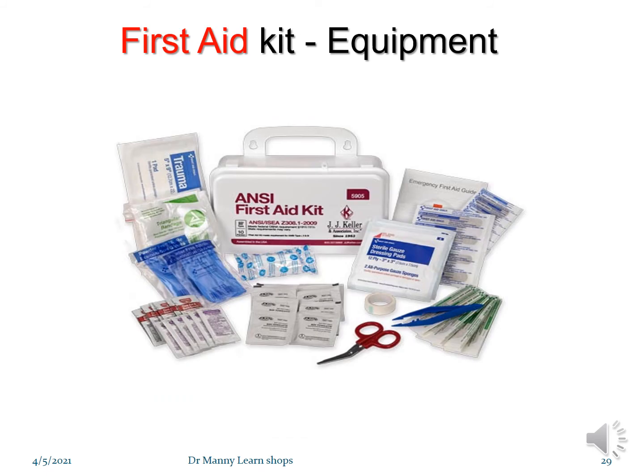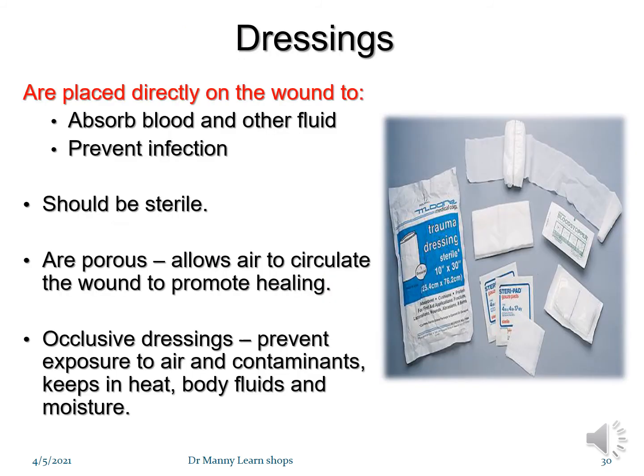You as the first healthcare provider on the scene, typically if you've got access to a first aid kit, this is what should be in it. Everyone should have a first aid kit in their car, in their motorbike. You should have dressings, and dressings are placed directly onto the wound.